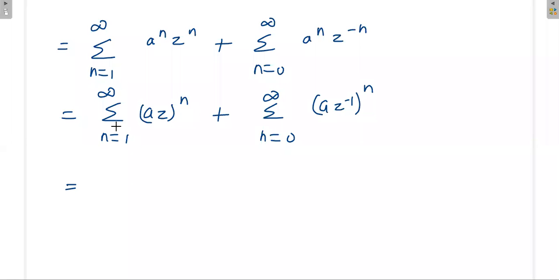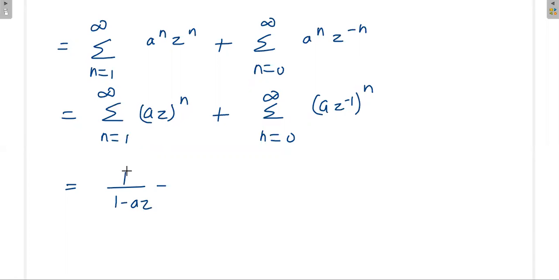Again, this summation series is going from 1 to infinity, but to get the direct answer, it has to go from 0 to infinity. Since it starts from 1, we have assumed one extra term, which we have to subtract. If it goes from 0 to infinity, the answer is 1 by 1 minus a z.